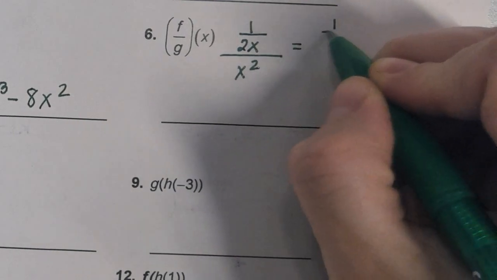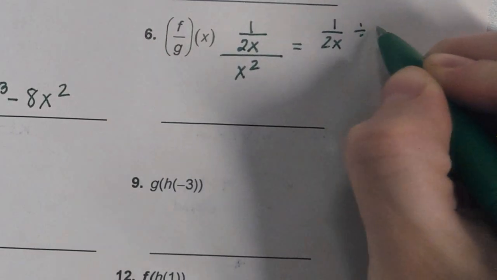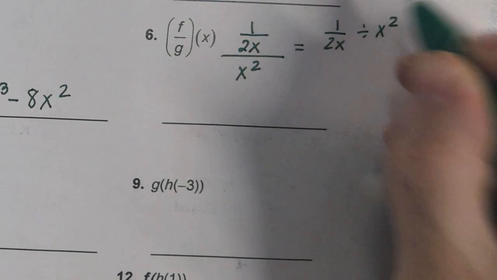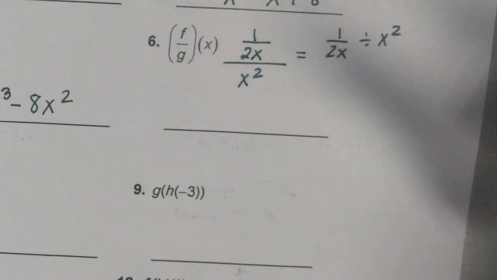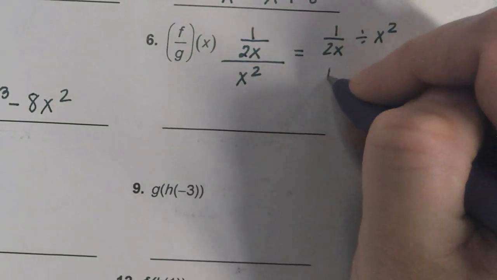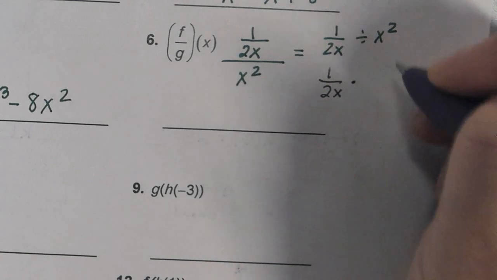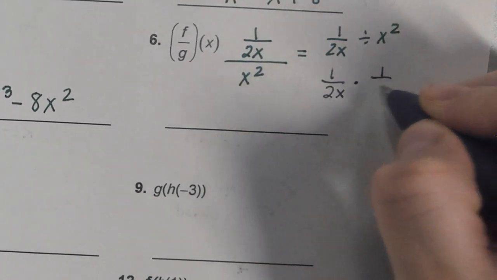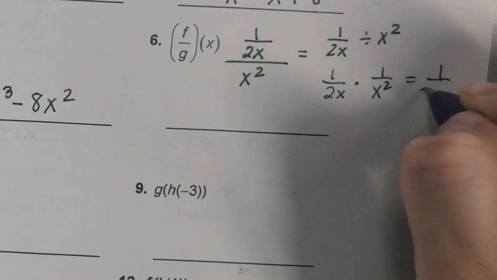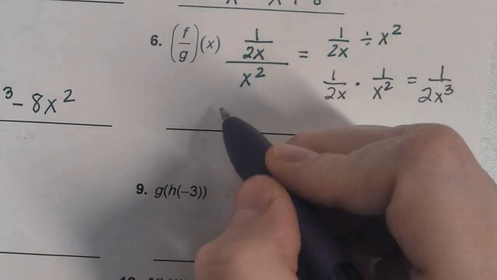But sometimes if you just write it out horizontally, then we can remember what's the rule for dividing fractions. Yeah, keep, change, flip, multiply by the reciprocal. So 1 over 2x times, what's the reciprocal of x squared? 1 over x. So 1 over 2x cubed.